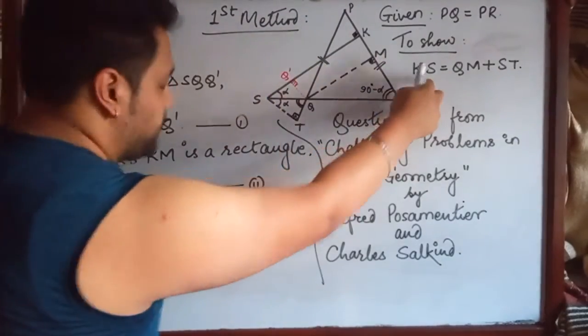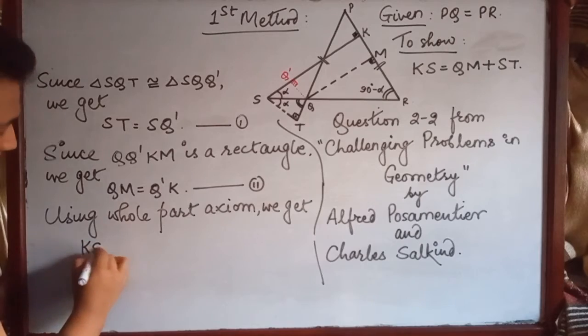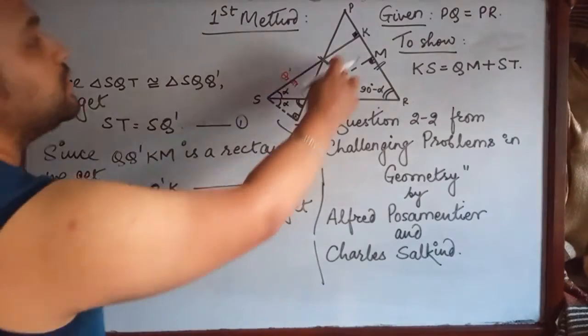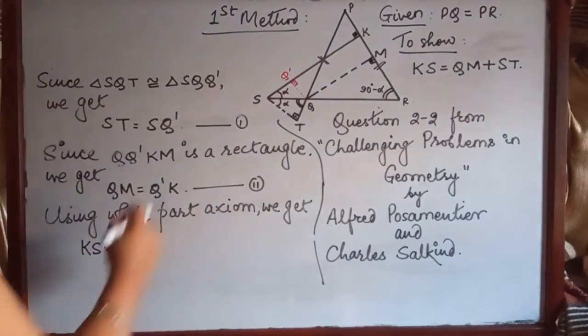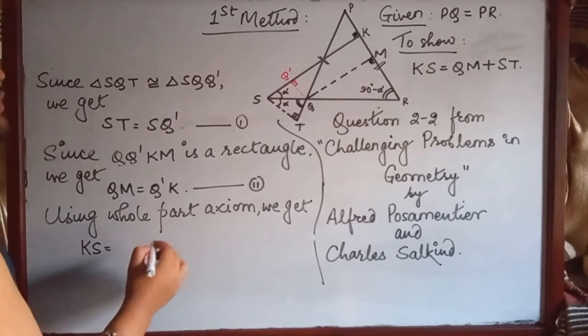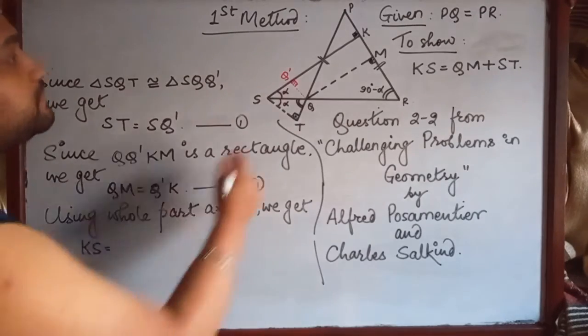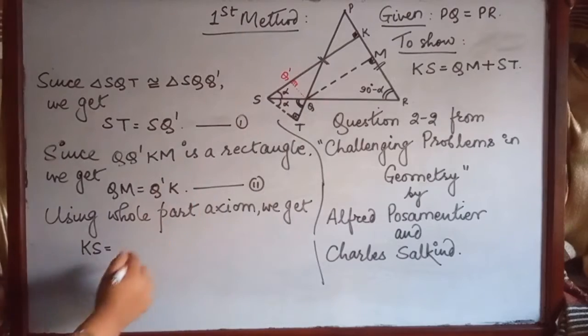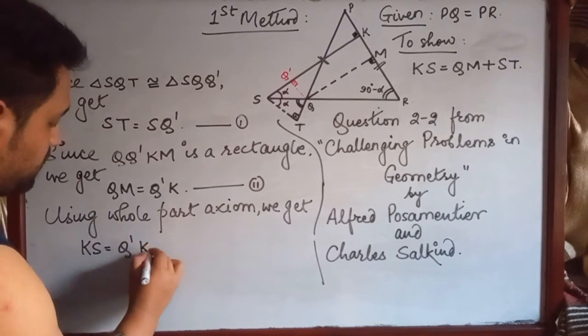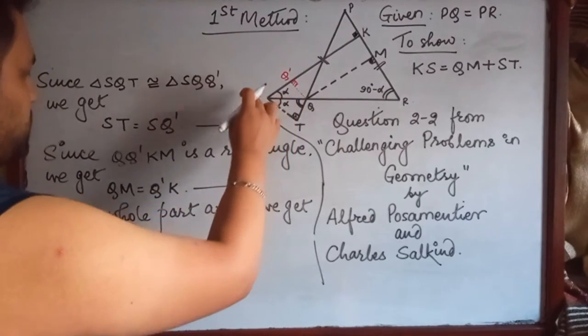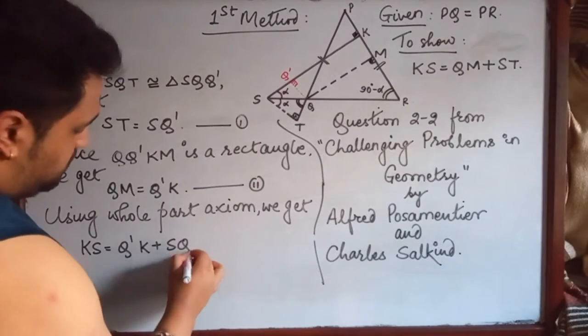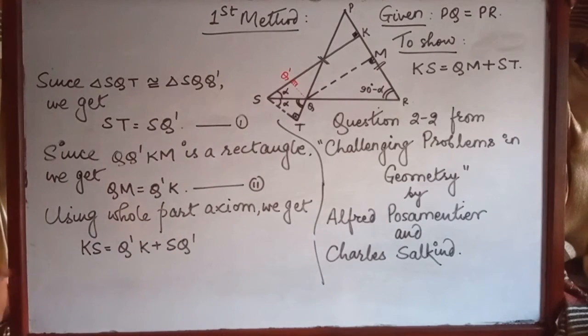We need KS, right? KS is equal to KQ dash plus Q dash S, or Q dash K plus SQ dash.